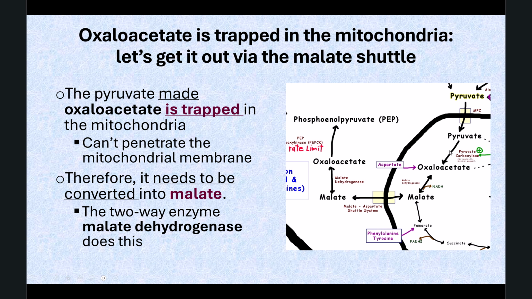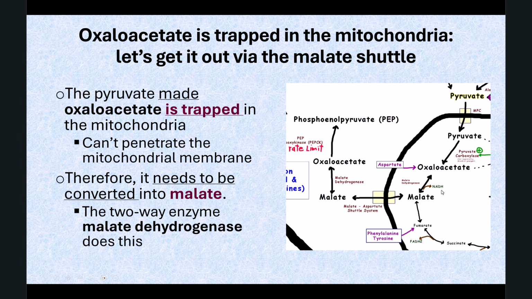Right. Now we have another problem. Oxaloacetate created from pyruvate cannot get out of the mitochondrial membrane. And we need to get it out here into the cytosol, but it's trapped here. So what do we do now? Really simple. We convert it into the intermediate that comes right before oxaloacetate. Double arrow, you can go both ways with this reaction.